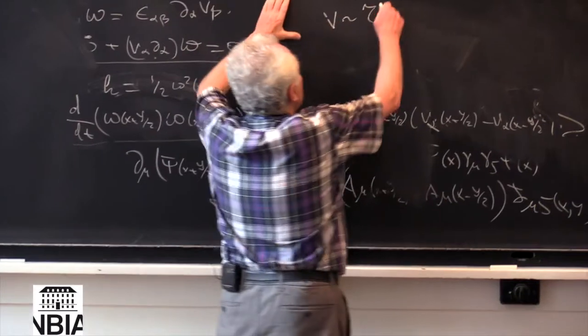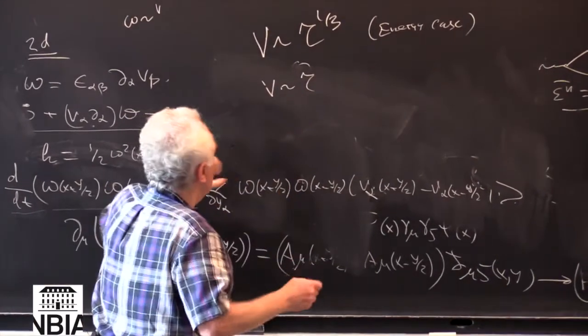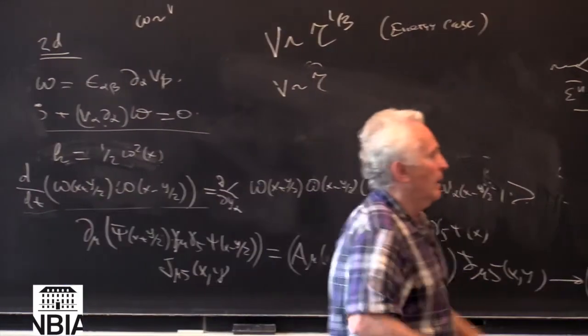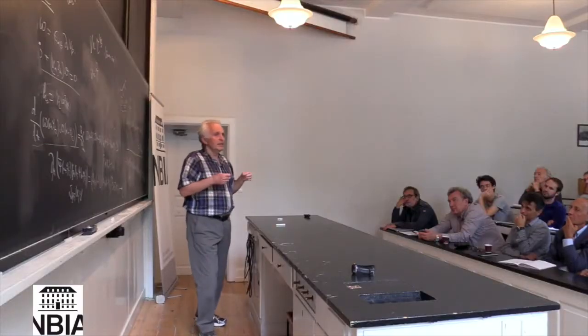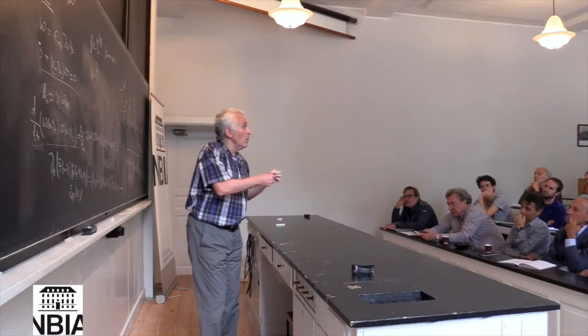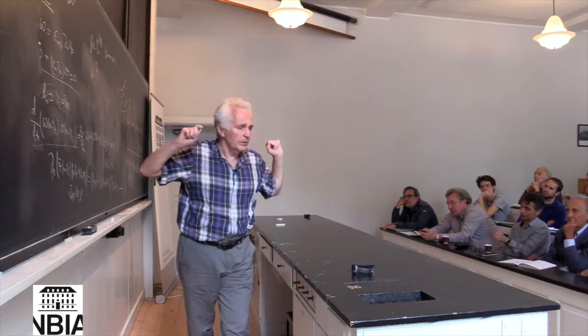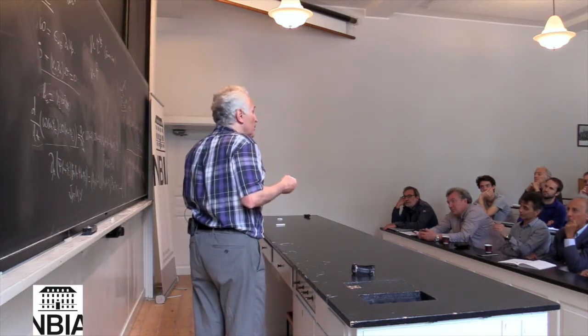The direct cascade is propagation from large distances to small distances. The inverse cascade is propagation from small distances to large distances. Why do I think it's very important to examine inverse cascades? Because that's what the universe does.